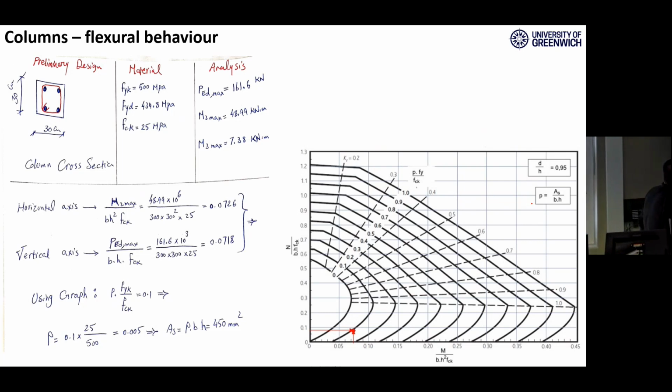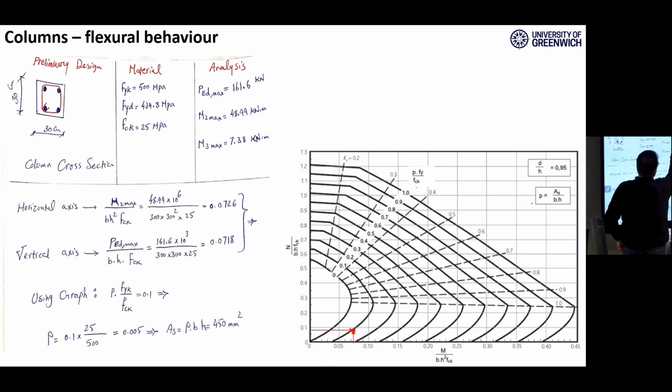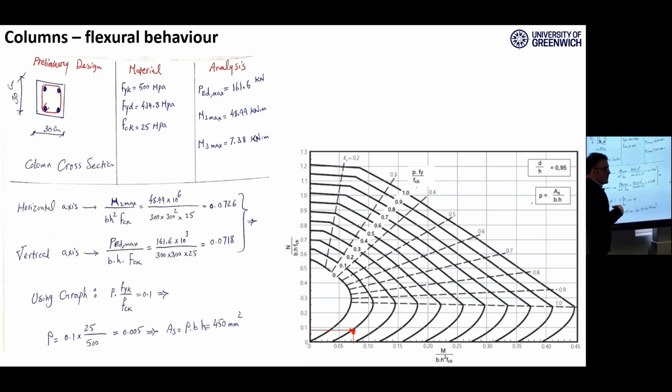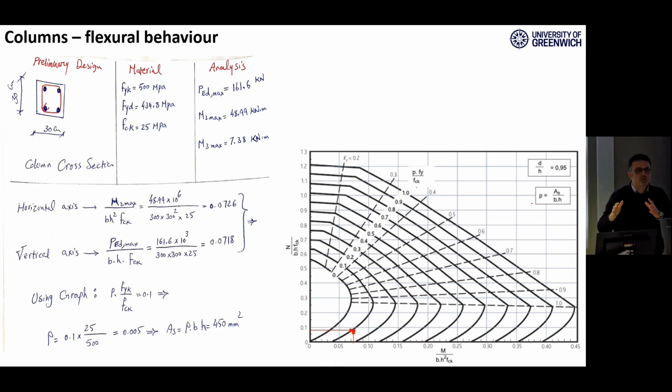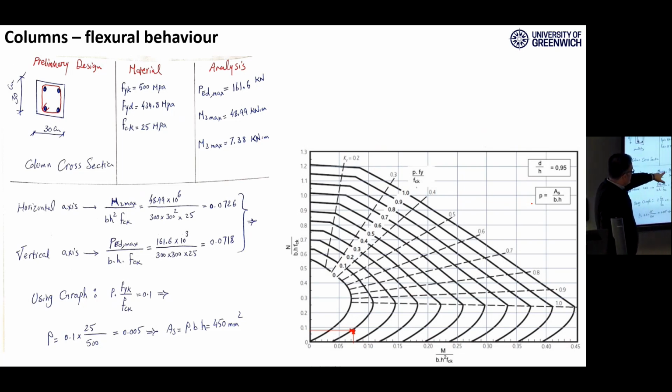And we assume that we have the value for the internal forces from structure analysis, so either ETABS or CAN. And we can simply go to calculate this factor, M2 max over BH2. B is this one, H is 30 centimeters minus cover.